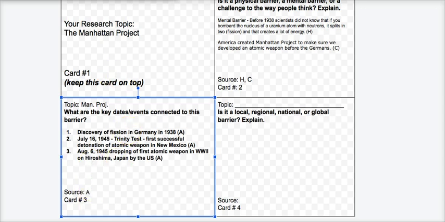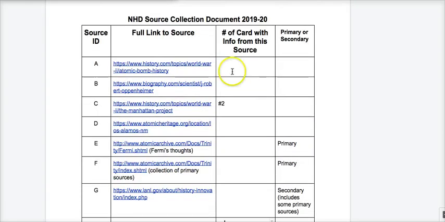This is card number 3, so I'm going to go back in here, source A, card number 3. Okay, let's see, here we go, Manhattan Project. Is this a local, regional, national, or global barrier? Okay, I think it was a global barrier.